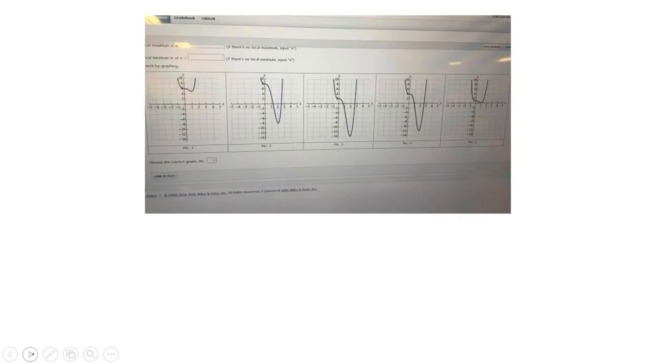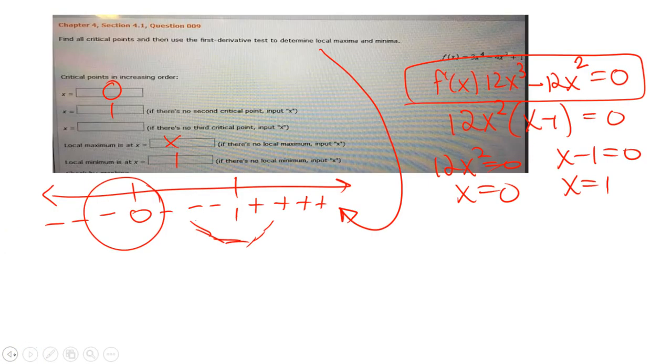So now, if you took the original function and graphed it, let me just go back and make sure I put the right function in. So I'm going to put 3x to the fourth minus 4x to the third plus 1, and I graph it.